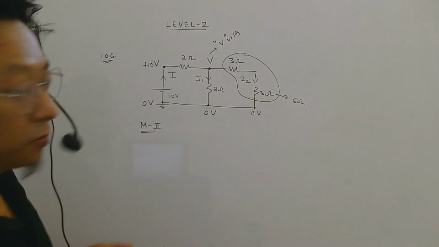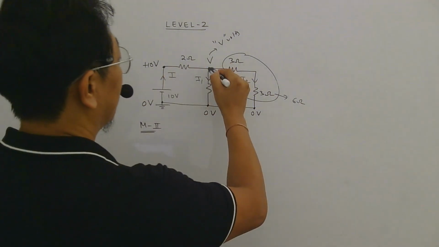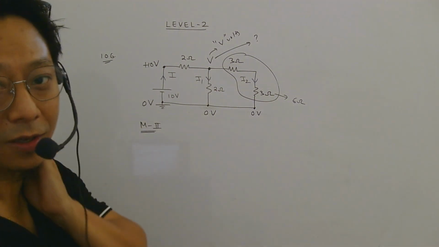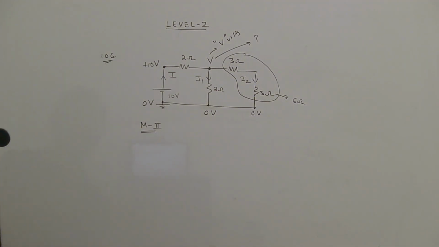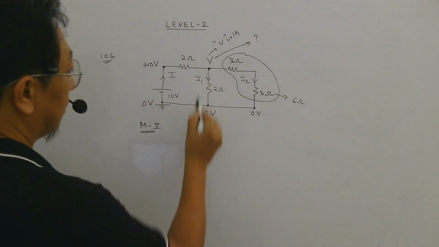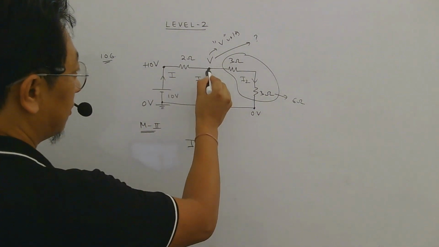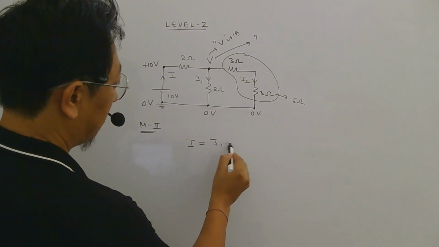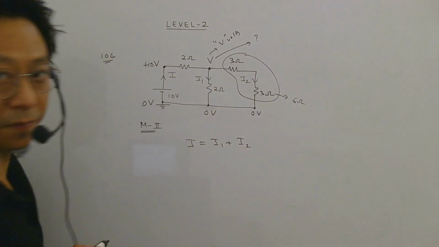So they may ask you to find the potential of this point, this point. So in that case, this method will be very useful. So you can see that current I is dividing between I1 and I2. So I1 plus I2, isn't it?